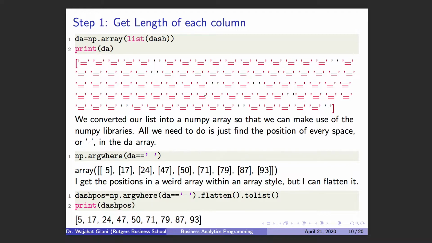With argwhere, you put the NumPy array you want to search through, and you say, hey, wherever the values in this particular NumPy array equal this particular value, show me those positions. This is how you can scan a massive NumPy array for the positions of particular values in one shot.